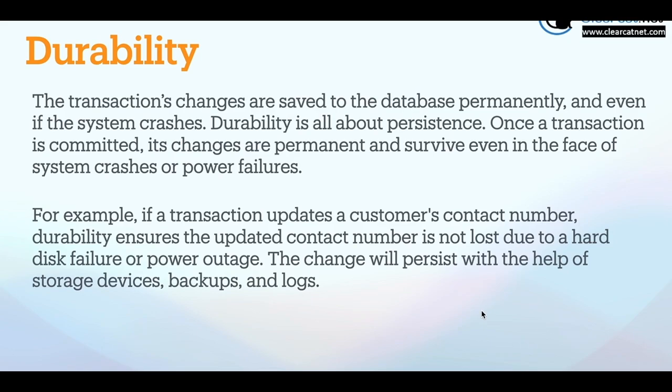It means once data is updated or saved in our database, it will be there permanently. For example, if a transaction updates a customer contact number, durability ensures the updated contact number is not lost due to a hard disk failure or power outage. The changes will persist with the help of storage devices, backups, and logs.